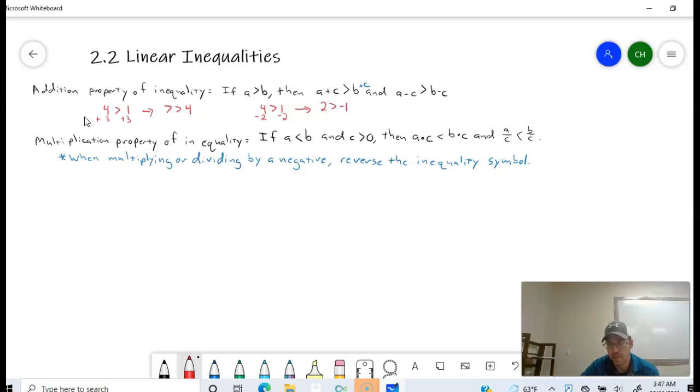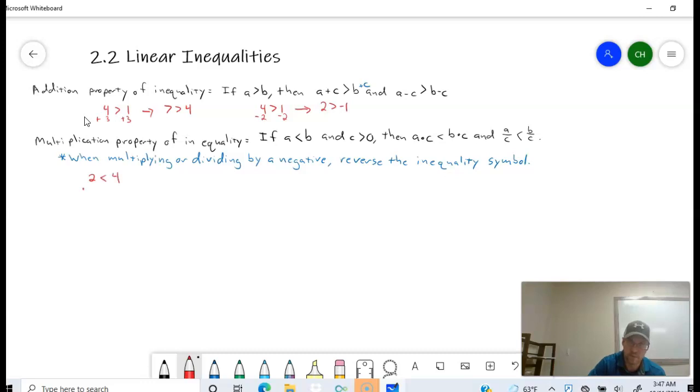The next one, the multiplication property of inequality, states that if A is less than B and C is greater than 0, then A times C is still less than B times C, and A divided by C is less than B divided by C. Again, that's just a fancy algebraic way of saying that if I multiply or divide both sides by a positive number, the result is still true. For example, 2 is less than 4.